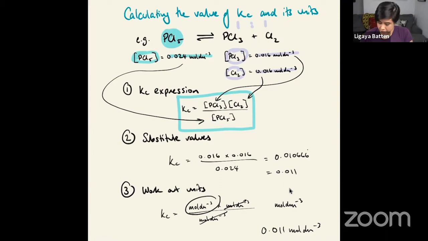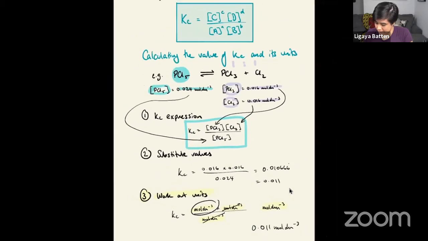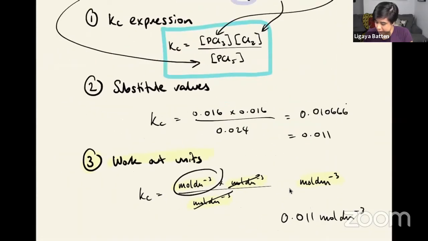At the bottom here, you can see to work out the units, we do the same kind of thing, but instead of substituting the value, we substitute the units in. So each of the concentrations will have moles per decimeter cubed. And if we have the same on the top and the bottom, we can cancel it out. So we can cancel out one each from the top and the bottom, and that leaves us with a unit of moles per decimeter cubed. So overall, that will give us a value of Kc, which is 0.011 moles per decimeter cubed.